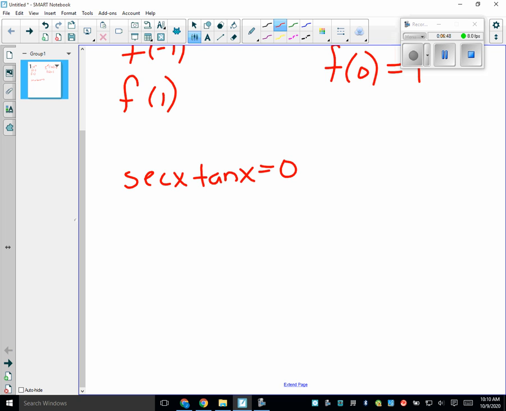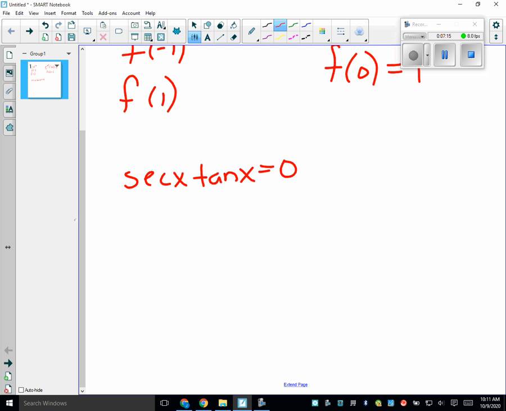You did inverses. And let me tell you, if you don't remember, secant x never equals 0, because secant is cosine turned over, right?